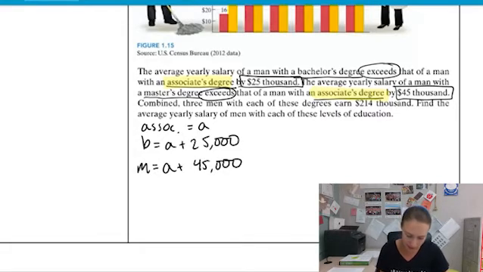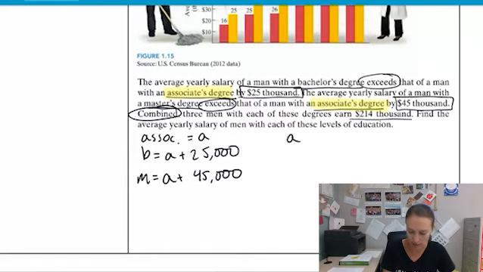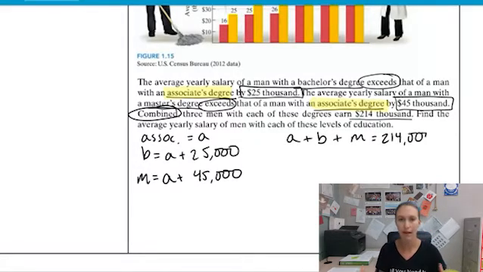And then it says combined, all three men with each of these degrees earn $214,000. So if I take the associates plus the bachelor's plus the master's, it's going to give me $214,000 combined.